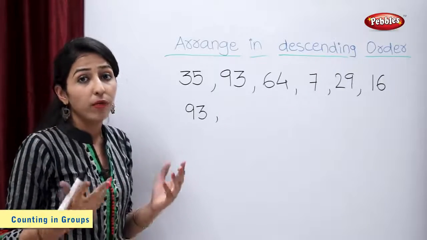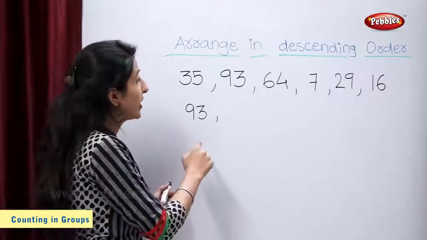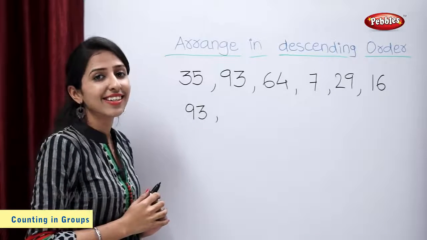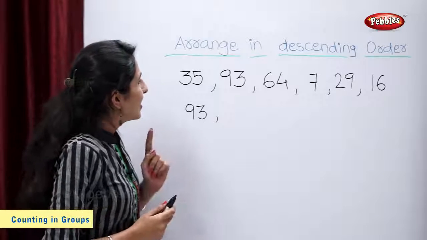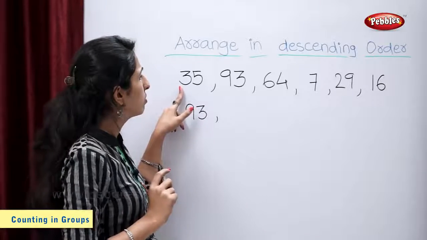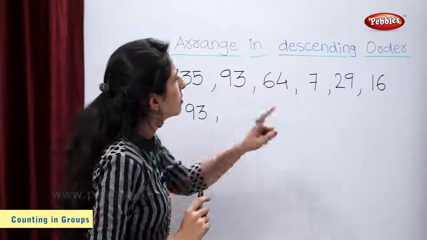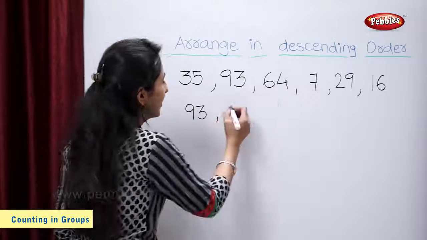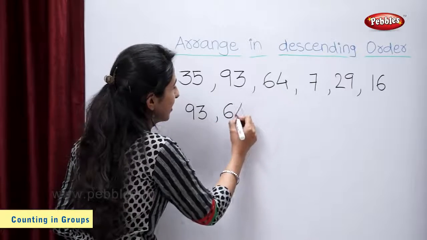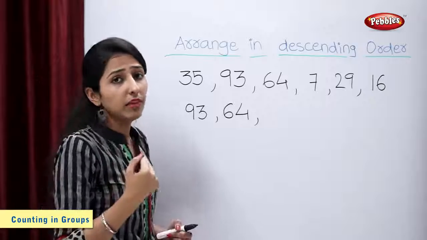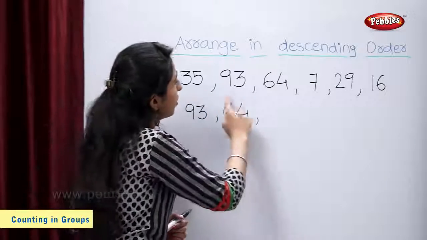Tell me, students, which number will come after 93 from these numbers? 35? No. Then 64. Which number will come after number 64?